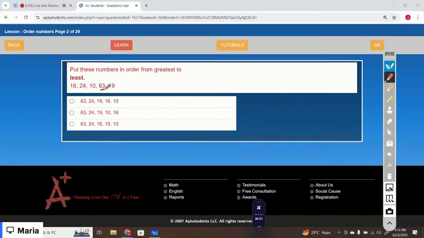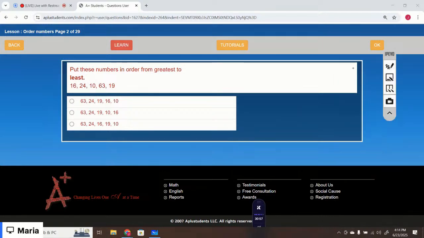The greatest is 63, then we have 24, then we have 19, then we have 16 and 10. So 63, 24, 19, 16, and 10. Option number one is the correct option.